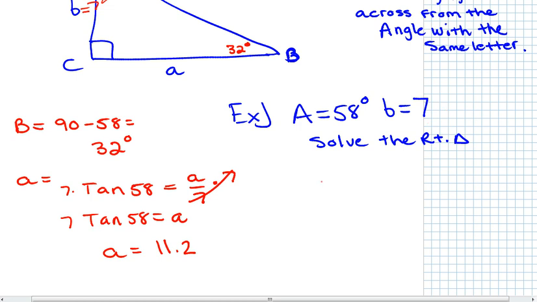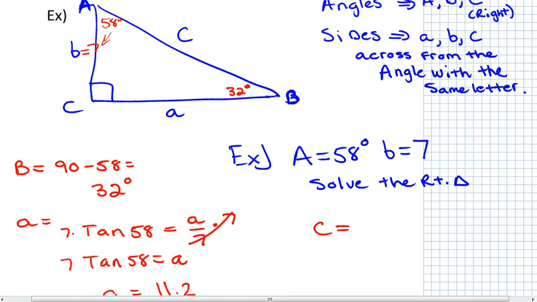And then for side c, I could do the Pythagorean theorem, because now I have two of the sides, and I'm just missing the hypotenuse, so I could do 7 squared plus 11.2 squared equals c squared.